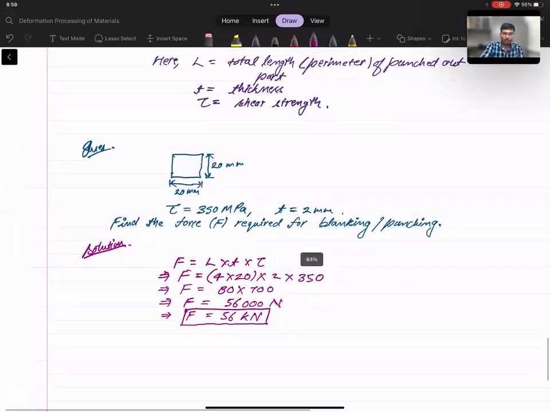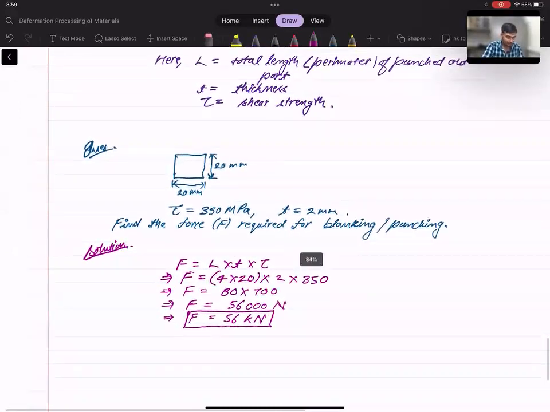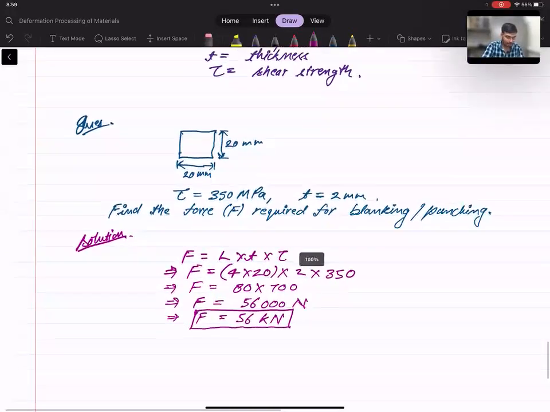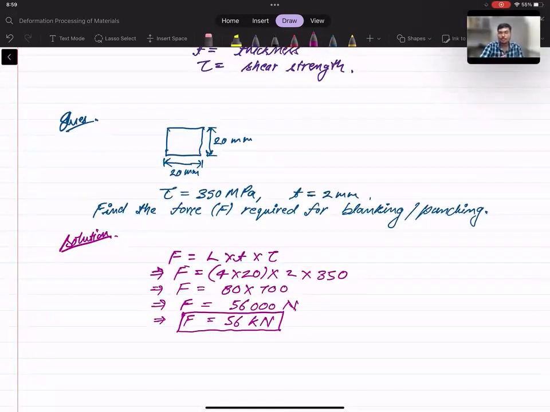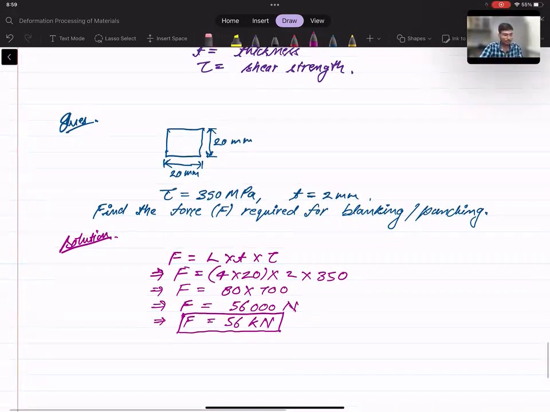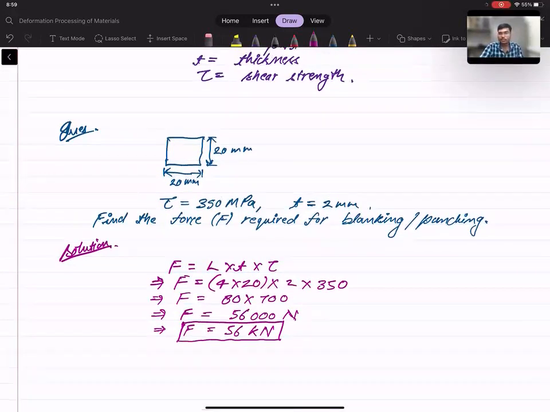So again we have reached the end of the blanking or punching operations and the left out forging operations. Today we have seen the bending or stretch forming operations and then blanking, shearing, piercing, etc. So let us close for now, and in the next class we will see some of the high energy rate forming processes.